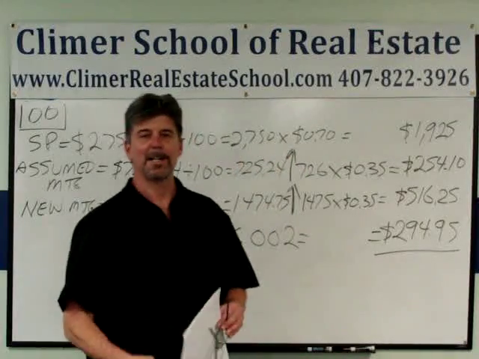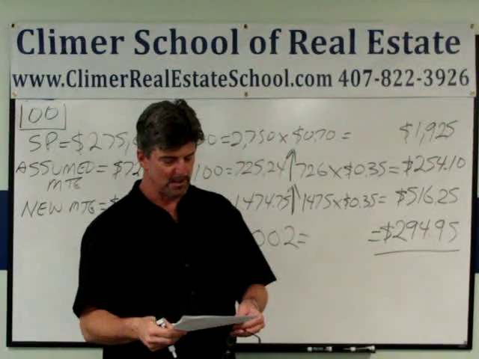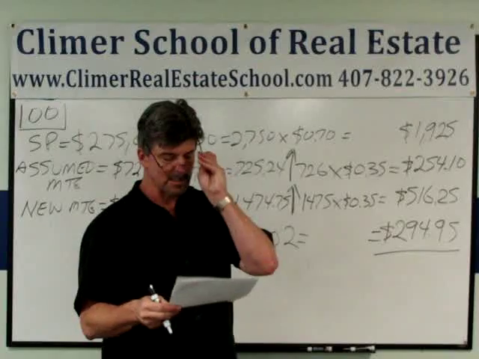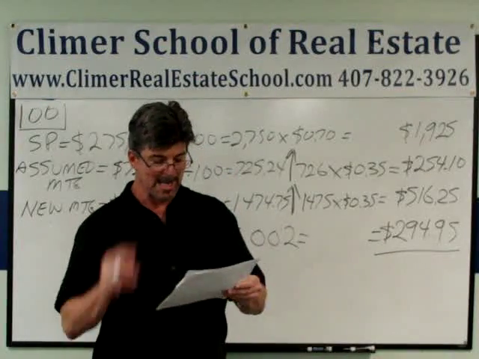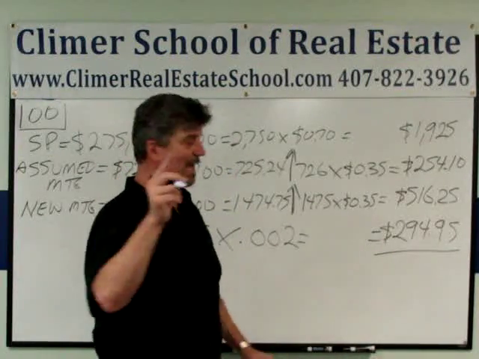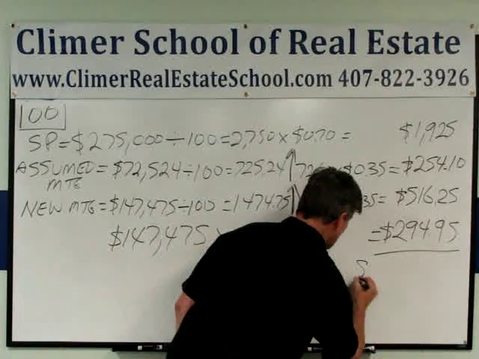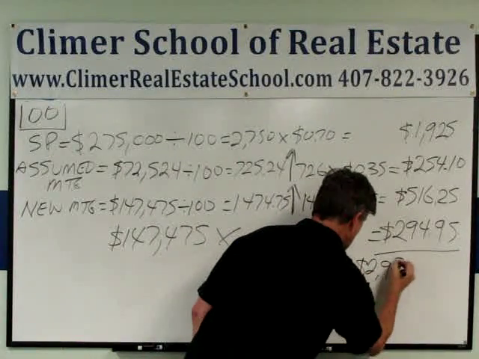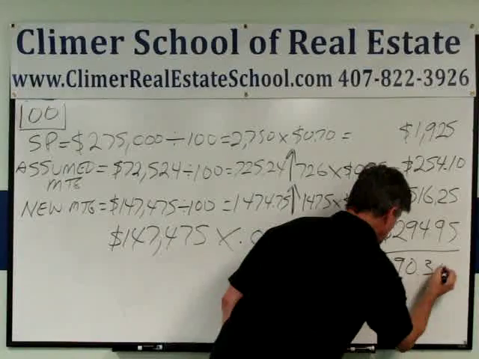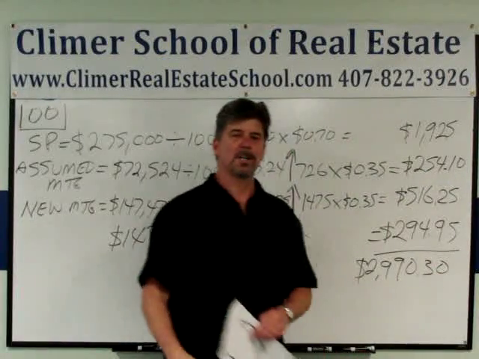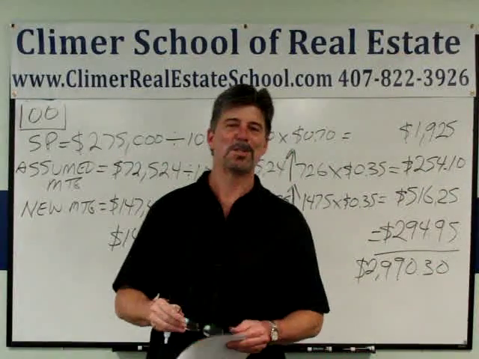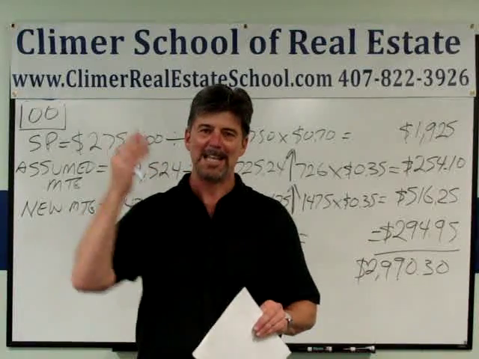If you get your calculator out and add all those together, you get D, and it looks like $2,990.30. That's a pretty good chunk to the state of Florida, but again, it's one of the reasons why we don't have an income tax for the state yet.